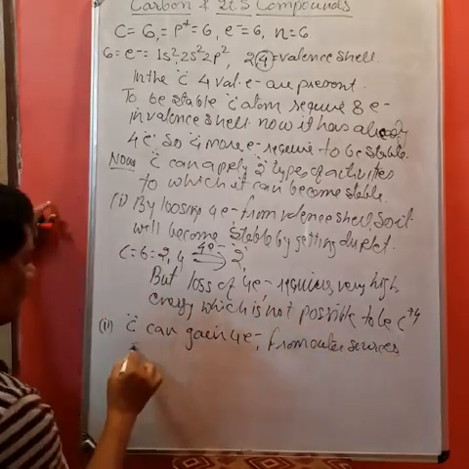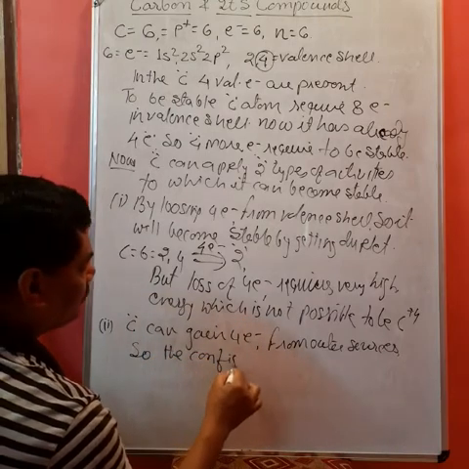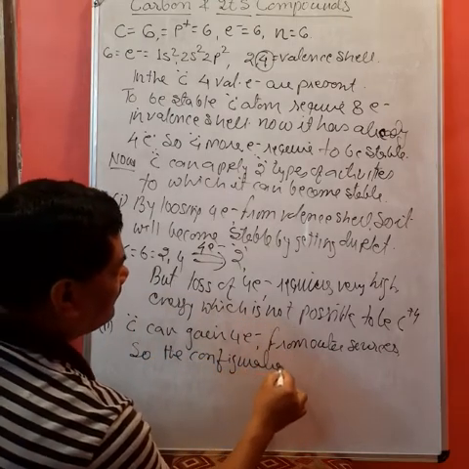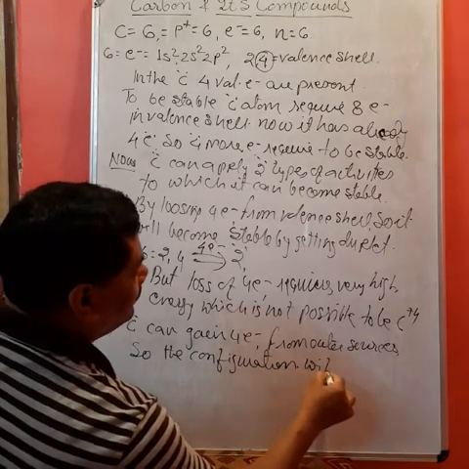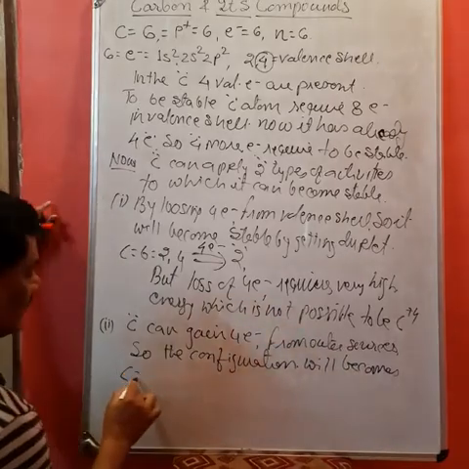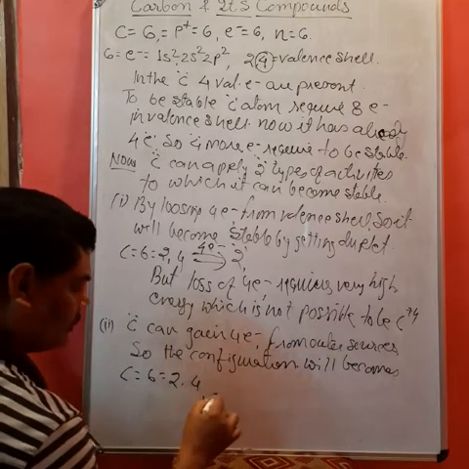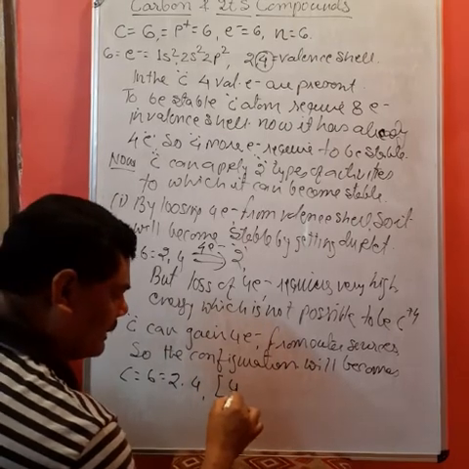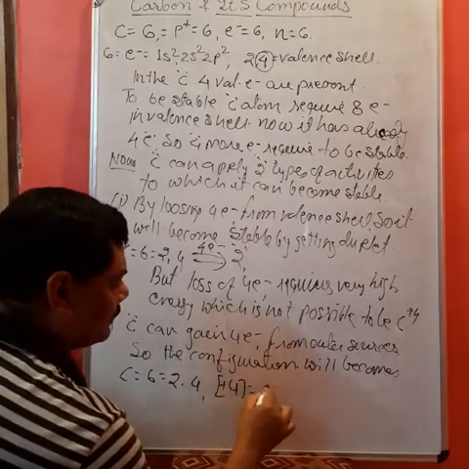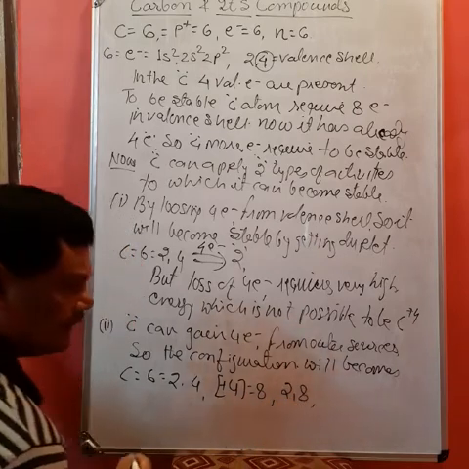So the configuration will become: carbon has 6 electrons, 2 and 4. If it gains 4 electrons, that is 4 plus 4 is equal to 8, the configuration becomes 2 and 8.